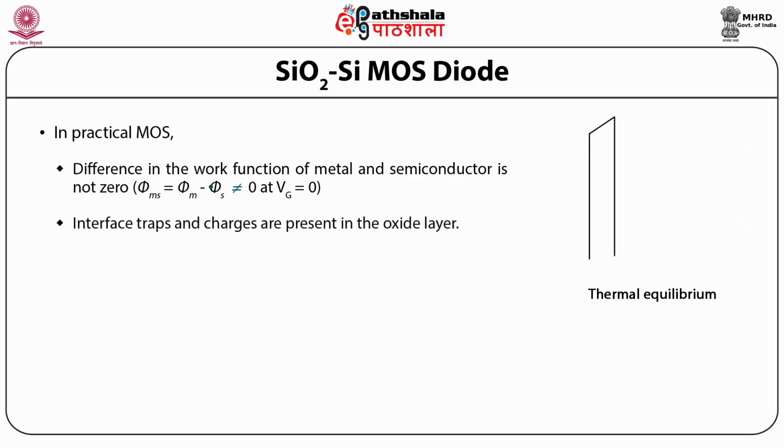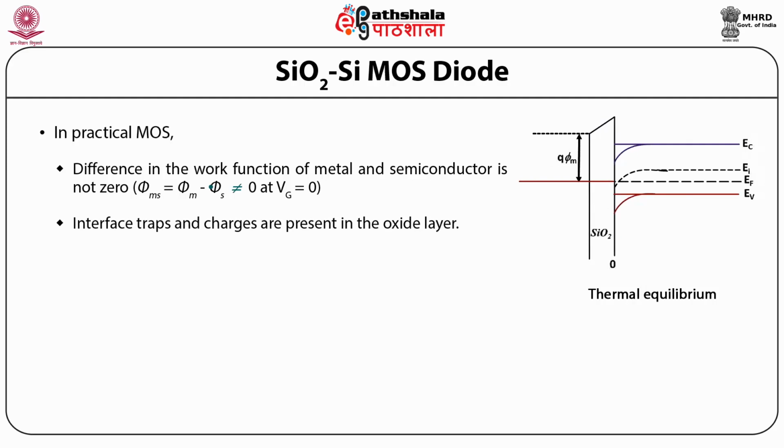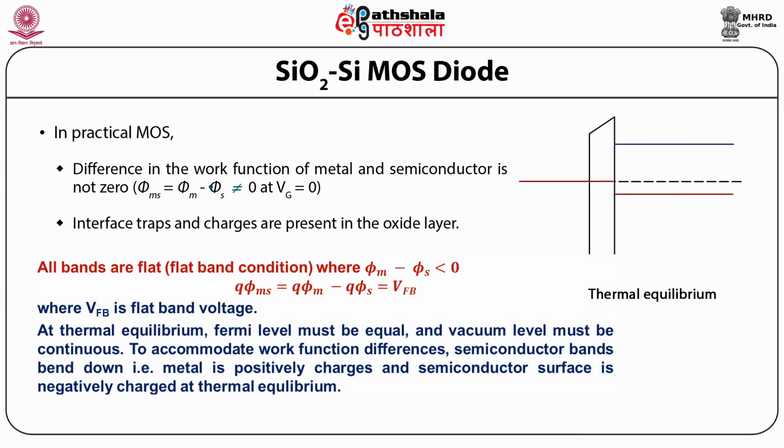Secondly, interface traps and charges are present in the oxide layer. As you can see in the energy band diagram at thermal equilibrium, phi m minus phi s is less than 0, whereas q phi ms equals q phi m minus q phi s, which is nothing but the flat band voltage VFB.